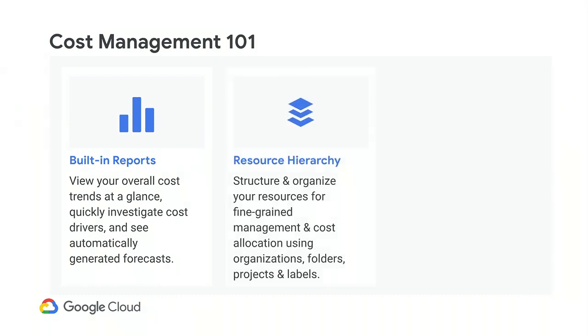Second being resource hierarchy. So rather than bundling all your GCP resources into one quote-unquote bucket or one project, being able to intelligently separate one project from another. Maybe you have one business unit that's doing one thing versus another business unit, applying tags, using organizations, projects, folders, etc. For an example, my bike business, like I said, has been booming, but I'm interested in growing a separate business unit.